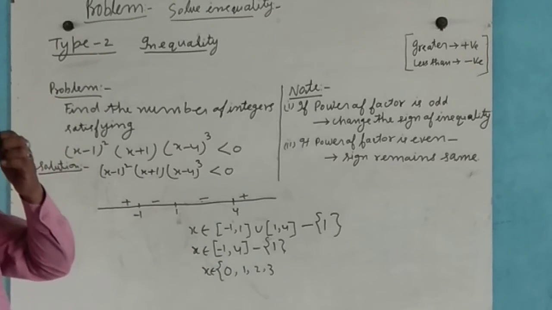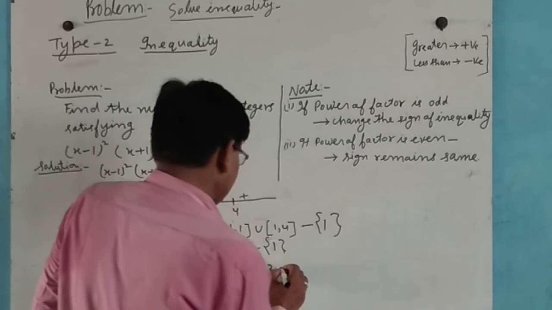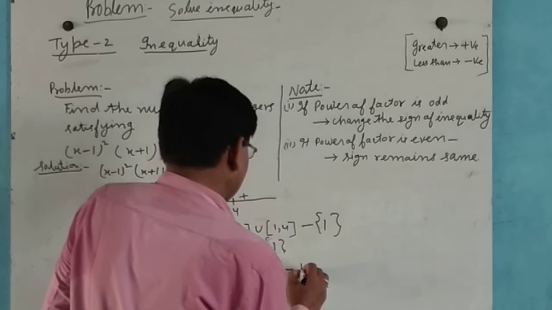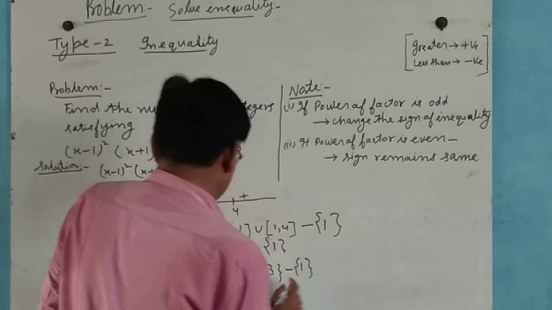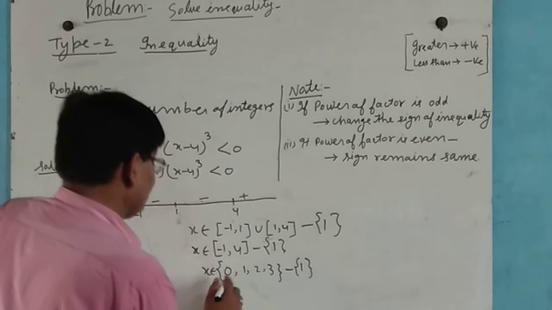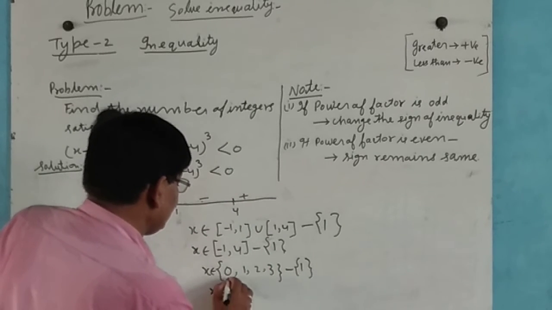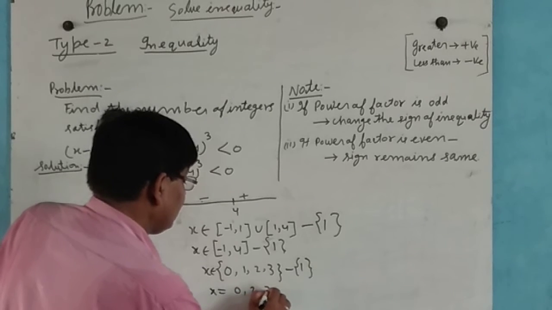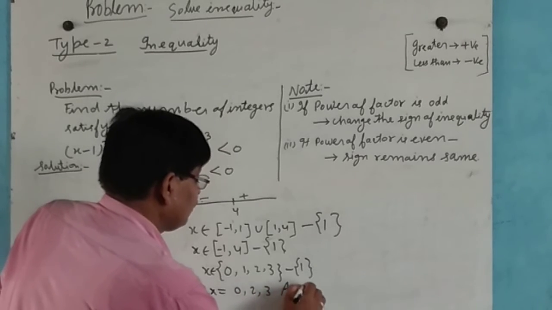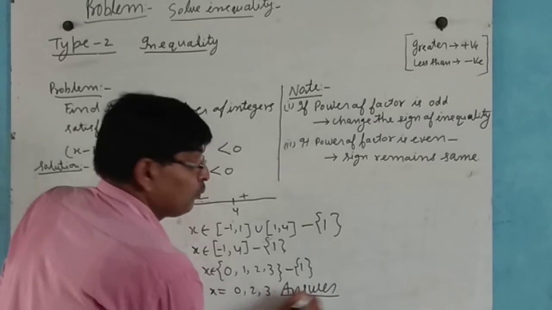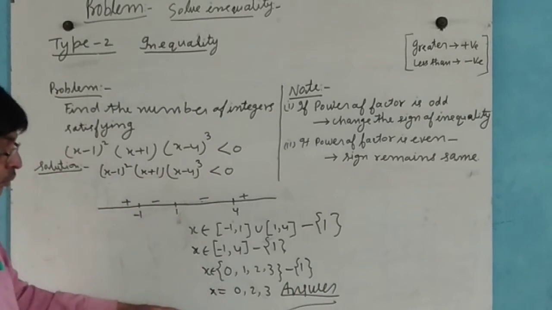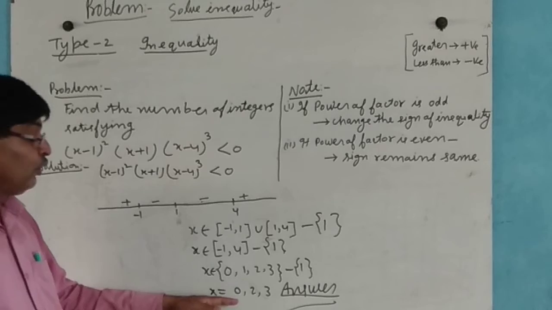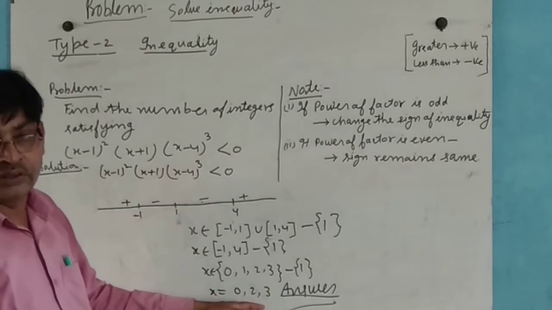One is subtracted, so x equals 0, 2, and 3.